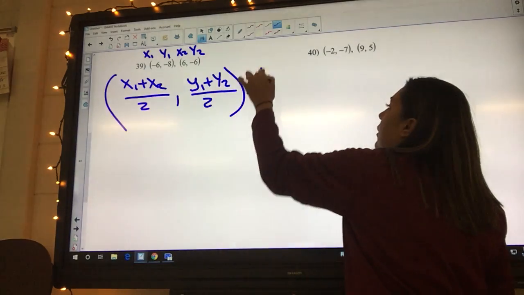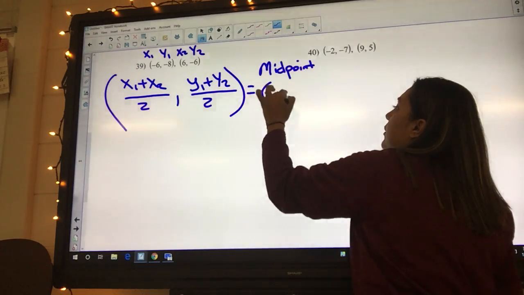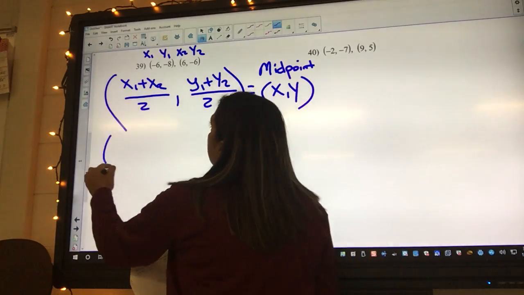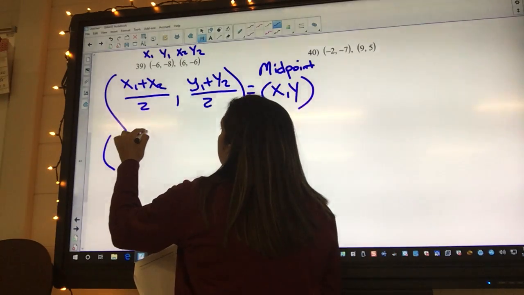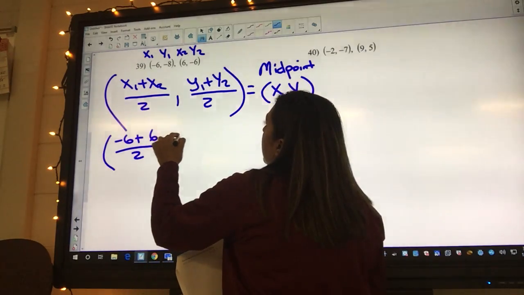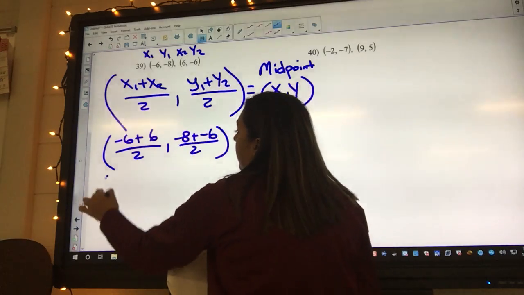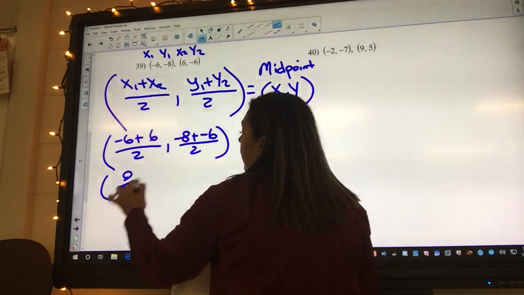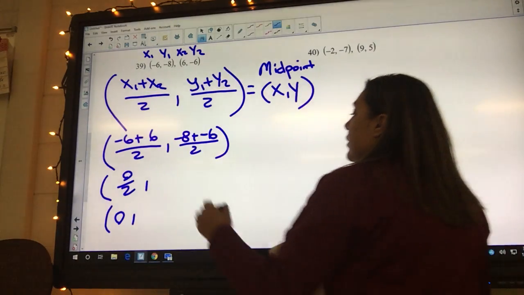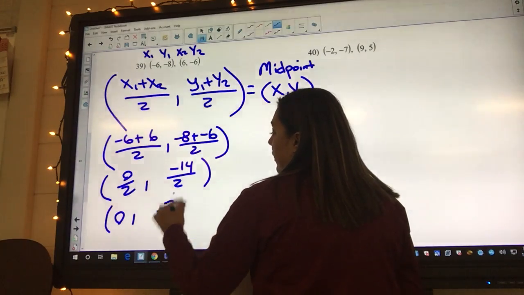Okay, and that's going to equal our midpoint, which is just big X comma Y. Okay, so my x1 is going to be negative 6 plus 6 over 2, and my y1 is negative 8 plus negative 6 over 2. Well, this is going to be 0 over 2, which is just 0. And this one's going to end up being negative 14 over 2, which is just negative 7.